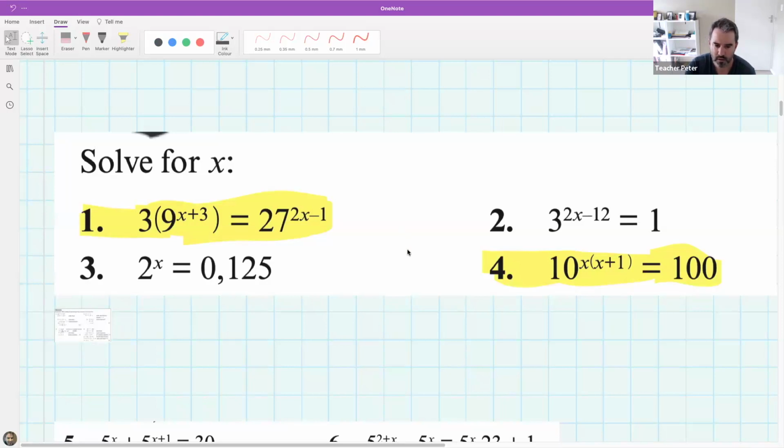Okay. Let's give it a go. Now, if I was looking for tips, I would definitely look at breaking the 9 and the 27 down somehow. That would be my tip.